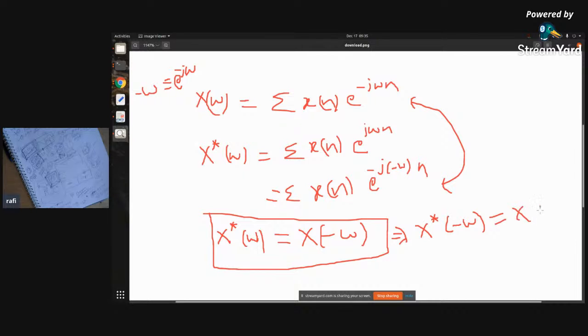This will be equal to X of omega. Both equations are the same. Now we have kept minus omega here, and here minus of minus omega will become plus omega. That's it. The same concept is represented in two different equations. So that is one. This is called the conjugate symmetry property.